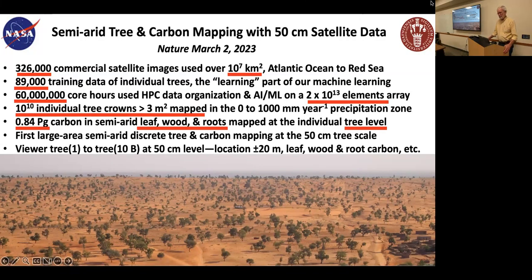And we mapped 10 billion tree crowns greater than 3 square meters area in the 0 to 1,000 millimeter per year precipitation zone. And we converted those into carbon via allometry, and there was a total of 0.8 petagrams of carbon in leaf, wood, and roots, and I'll show how this happened, at the tree level.